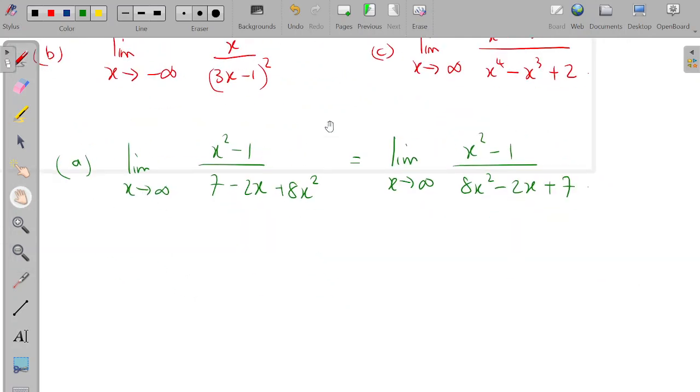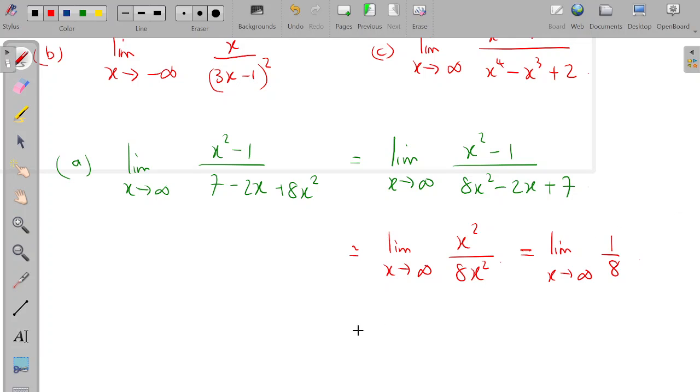The highest power of x at the numerator is 2, while the highest power of x at the denominator is also 2. So this limit is approximately the same as x squared over 8x squared, because the behavior will be determined by the highest power of x. So with this we can have limit as x goes to infinity, this and this cancel, then we have 1 over 8.